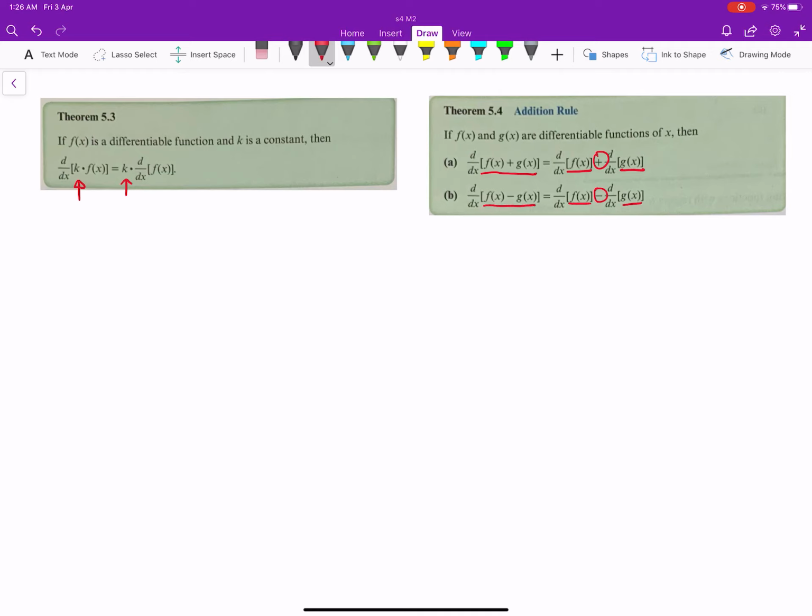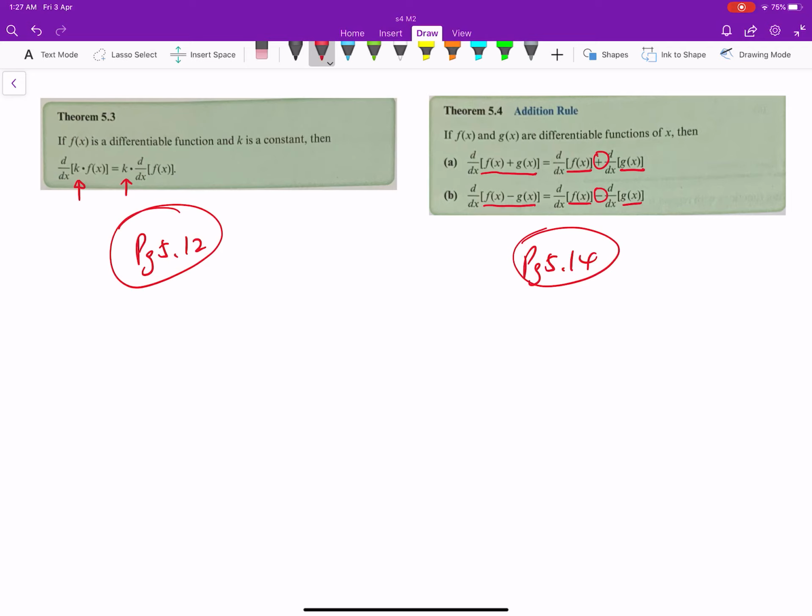Actually here we also have the proof, but I think you can handle this, or you can look at it. For theorem 5.3, you can refer to page 5.12. There is a proof there. For theorem 5.4, you can refer to page 5.14.